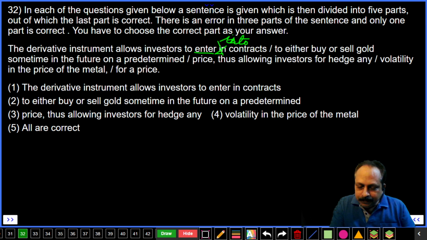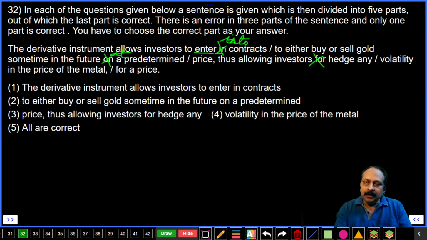It should be at a predetermined price, thus allowing investors for, which is not correct, to hedge any volatility in the price of the metal.